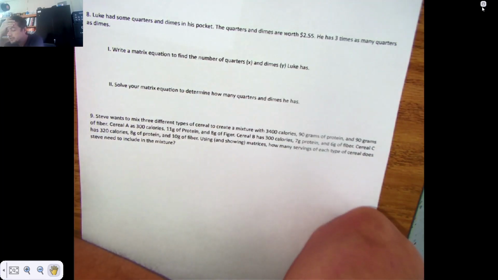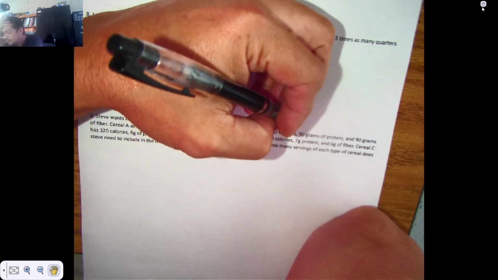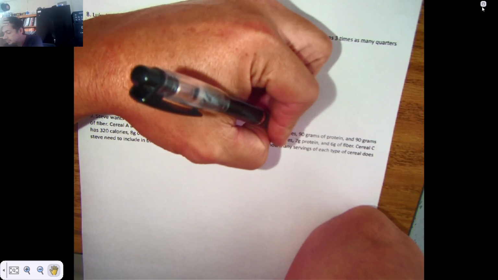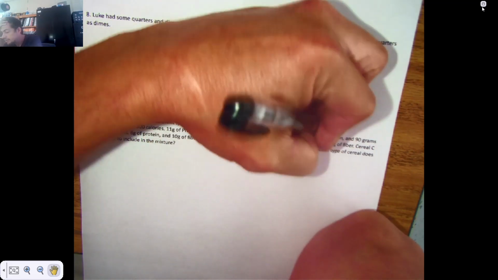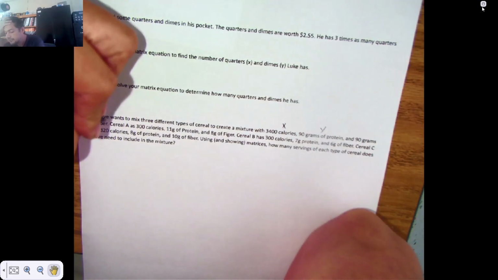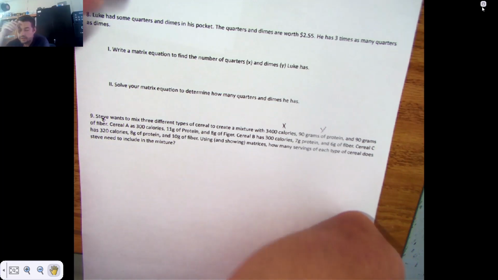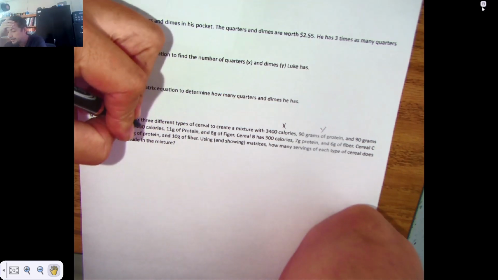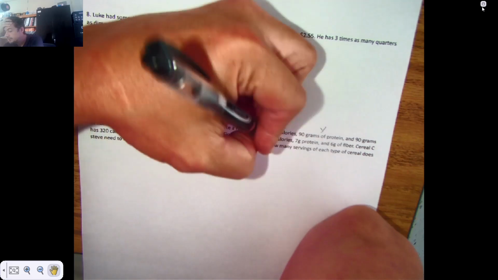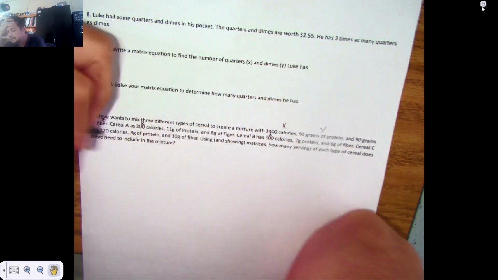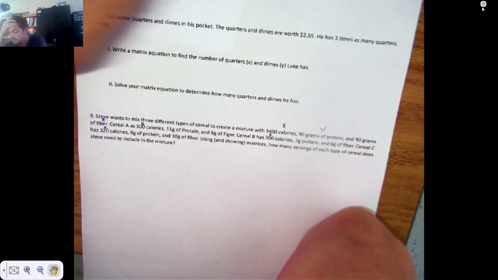So Stevie wants to make 3 different types of cereal to create a mixture with 3,400 calories, 90 grams of protein, and 90 grams of fiber. We'll call the cereals X, Y, and Z. Cereal A has 300 calories, cereal B has 300, cereal C has 320.